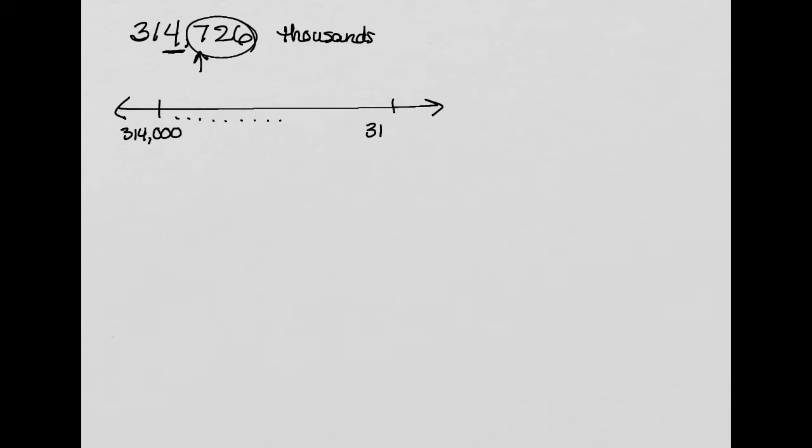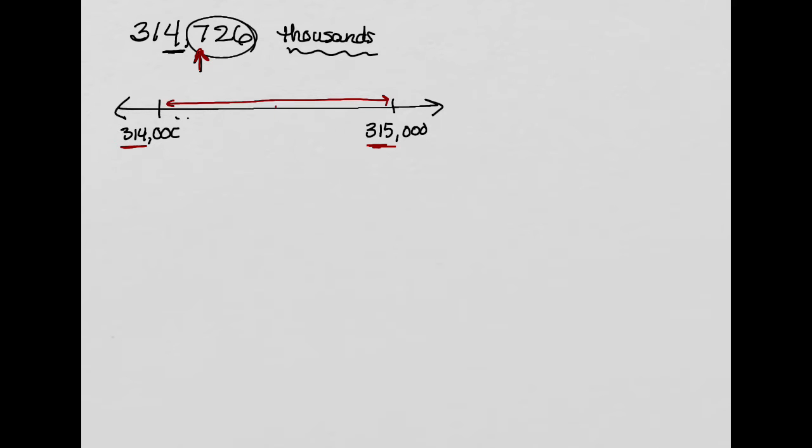So this would be 315,000, counting by thousands. Okay, so the 726 is in this space here someplace. Is it closer to the 314 or closer to the 315? The 7 here will tell us.